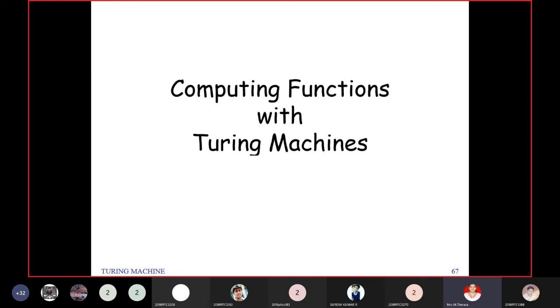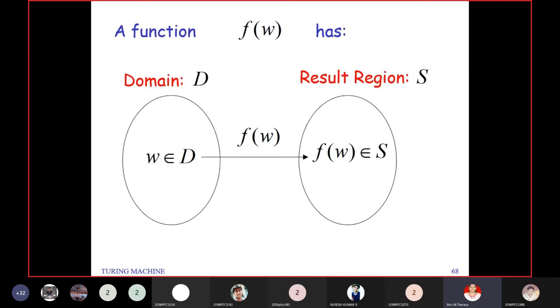Okay, now we'll see how we can use a Turing machine to do computation. Do you know what a function is? A function maps a domain to a range.